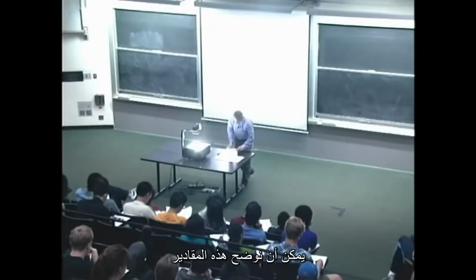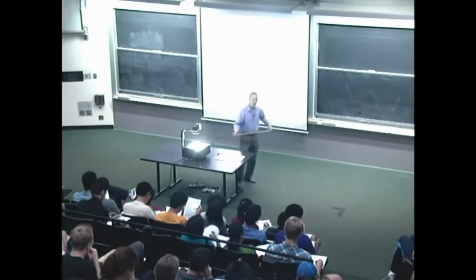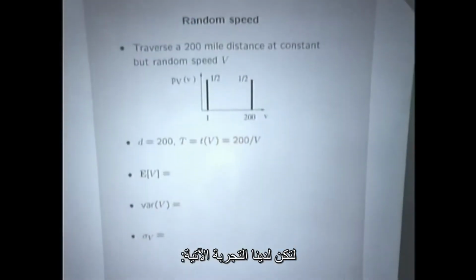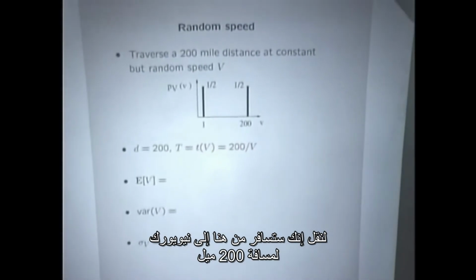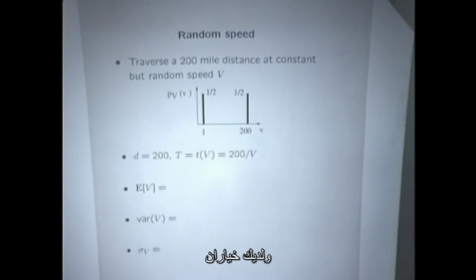And we can just illustrate those quantities with an example that's about as simple as it can be. So consider the following experiment. You're going to go from here to New York, let's say 200 miles, and you have two alternatives.